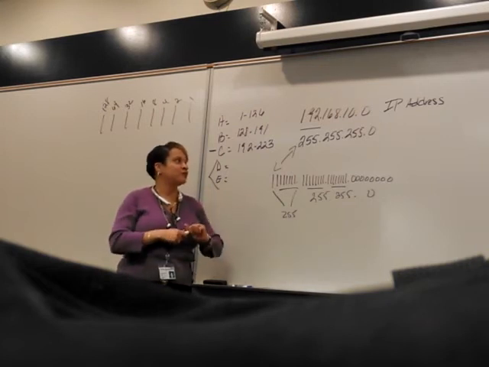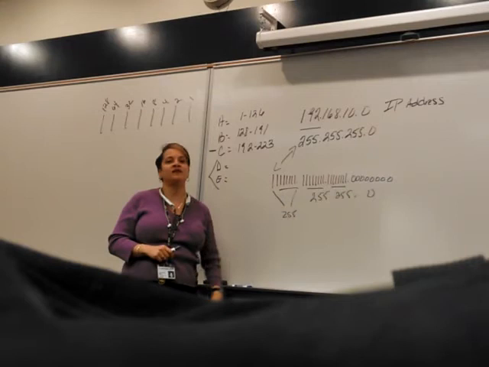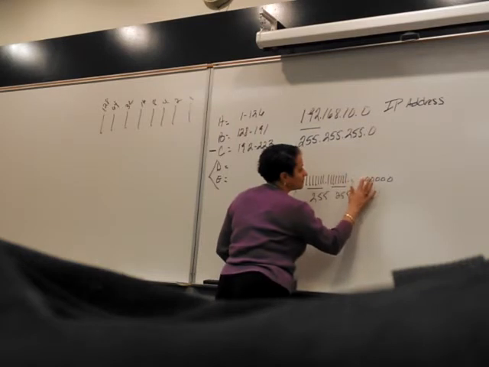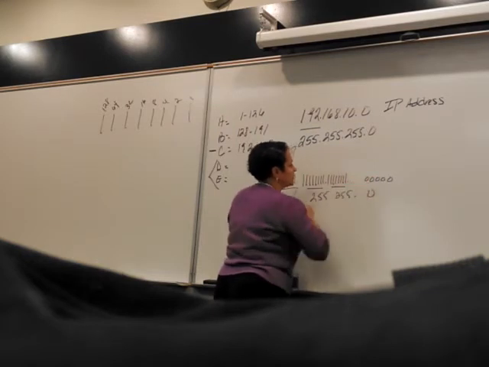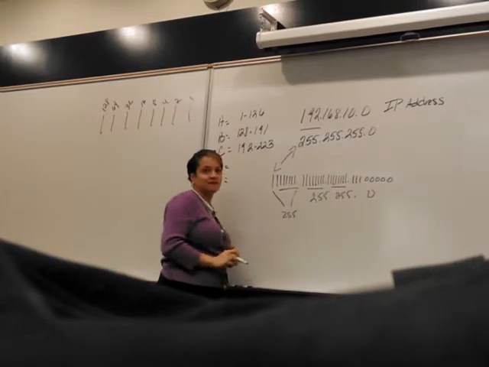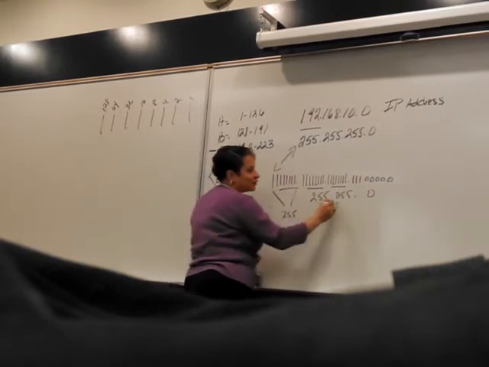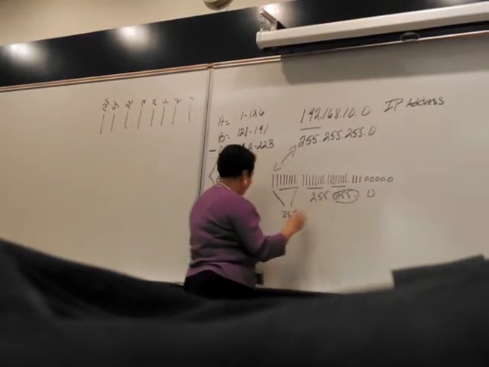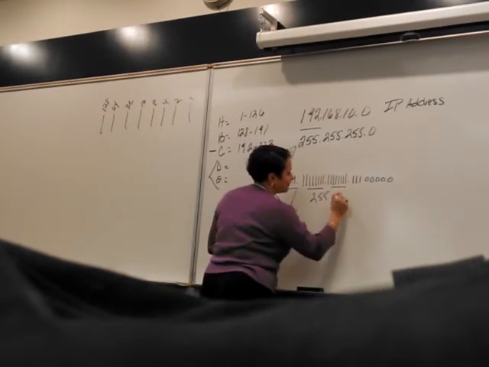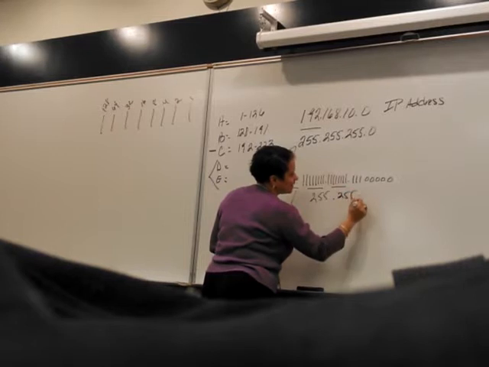Especially from this example. So if I said, okay, I've got 24 bits, but I want 27 bits, I'm going to turn on 3 more. Okay, so now what changes? This third octet. I'm sorry, my bad, the last octet.